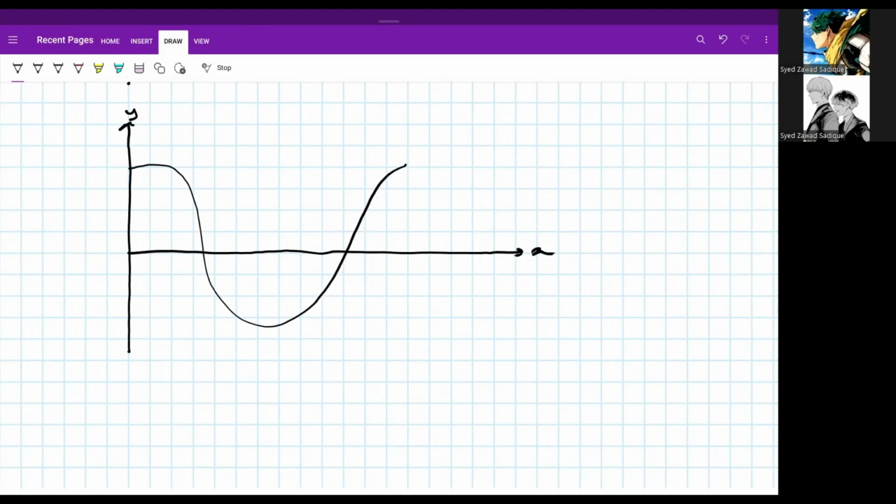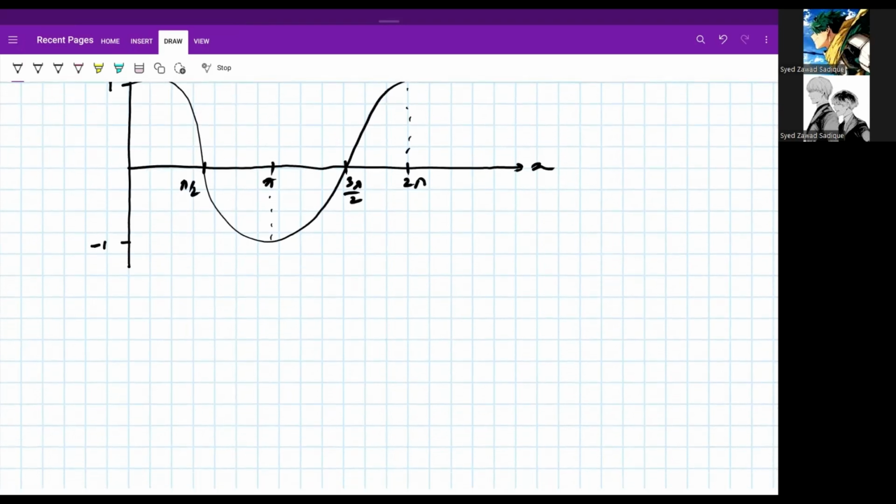So, one, so is -1. This is pi by 2, pi, 3 pi by 2, 2 pi. Okay, all right. y equals cos x.